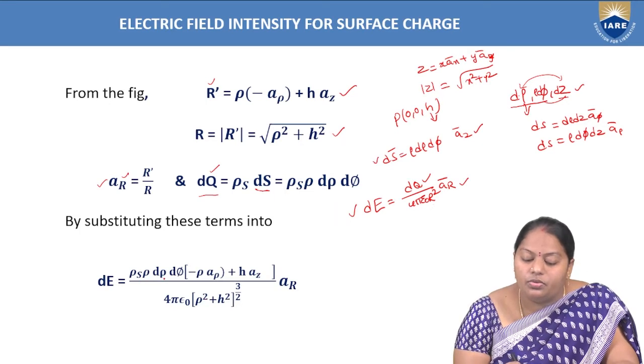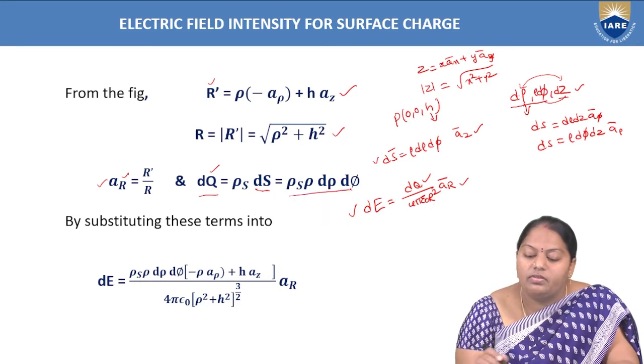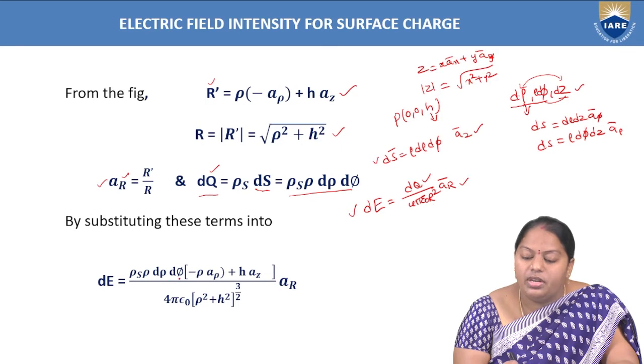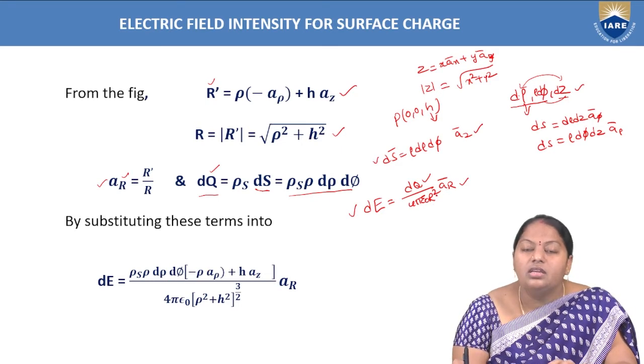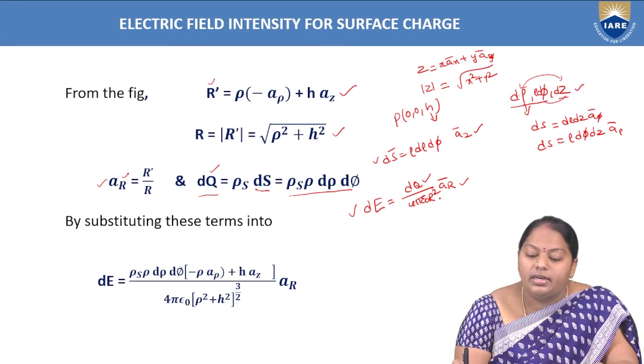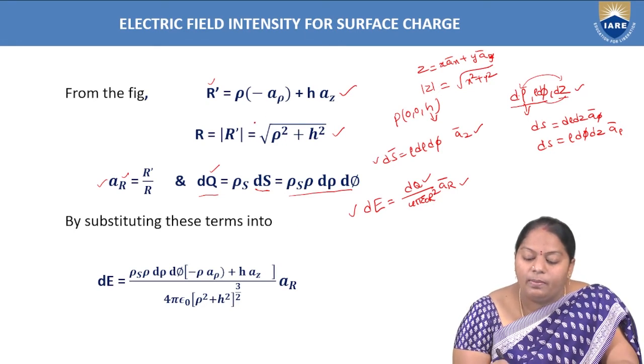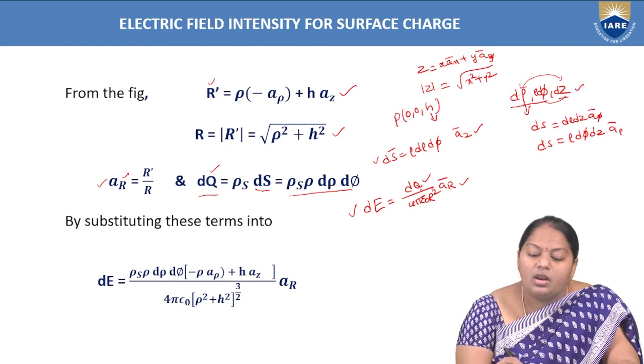Then rho s rho d phi into, what is ar here? Ar means r by modulus of r. Hence that r dash is given by minus rho a rho plus h az, by 4 pi epsilon naught into r.